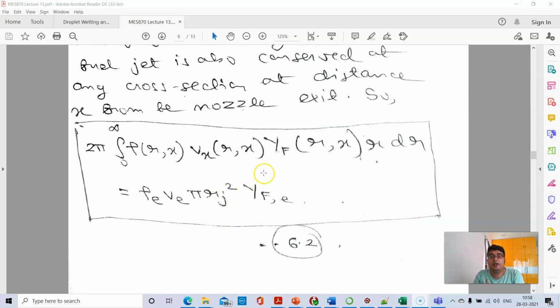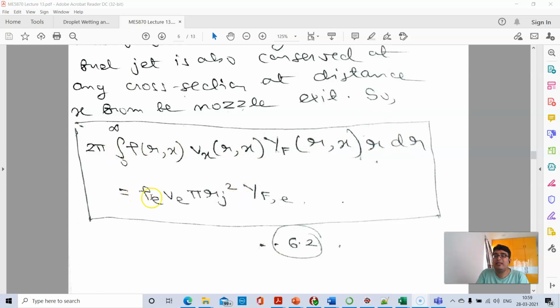If you multiply the mass fraction of fuel Yf, which is also dependent on radius and x, by the differential perimeter element 2 pi r dr, into density into Vx, this gives you the total mass flow rate, and multiplied by the fuel mass fraction at that point, you get the fuel mass flux.